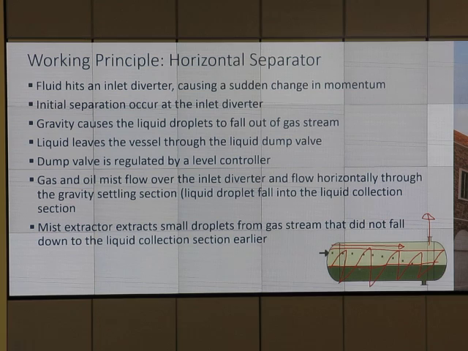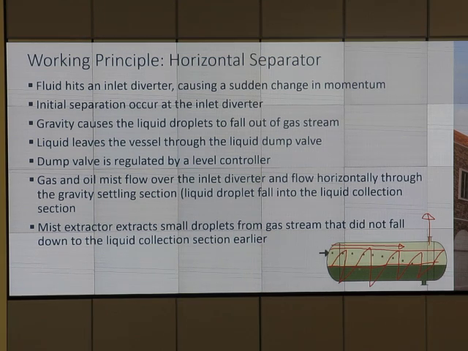So if we have a large liquid collection section, will that provide more retention time for liquid or less retention time? If we have more volume for the liquid collection section, will it provide more retention time or less retention time for the liquid phase? More. Okay, good. Yeah. So it is bigger, so it stays inside longer, just like that.